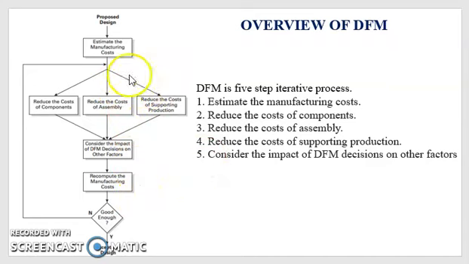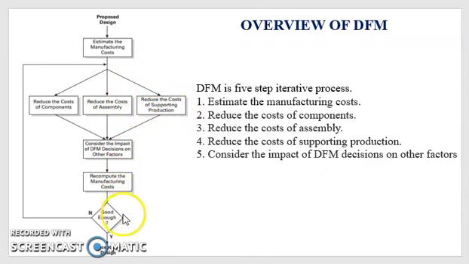DFM starts with an estimation of the manufacturing cost of the proposed design. This helps the design team to decide which components and sub-assemblies are most costly in the existing design. The design team looks into key areas to reduce the cost of selected components and assemblies. This process is iterative and continues as long as the product performance is improving at a lower cost.